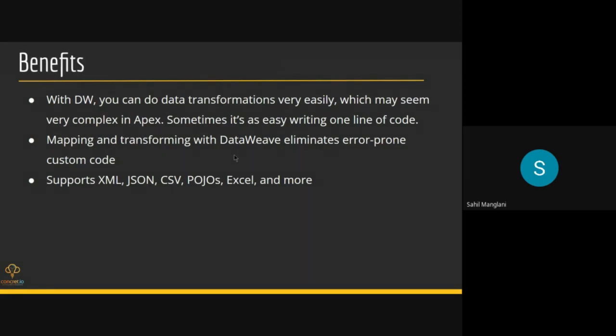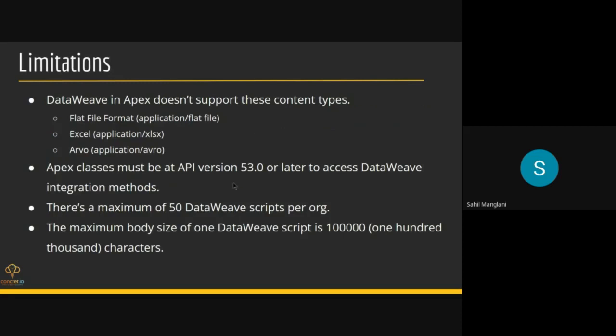We have some issues in our logic sometimes, so that may have harmful effects on our org. So now this has eliminated the issues of those errors also, and it supports majorly all other formats like XML, JSON, CSV, Excel, and others.